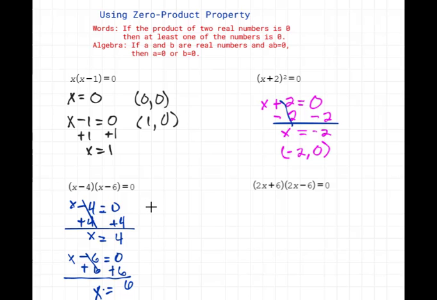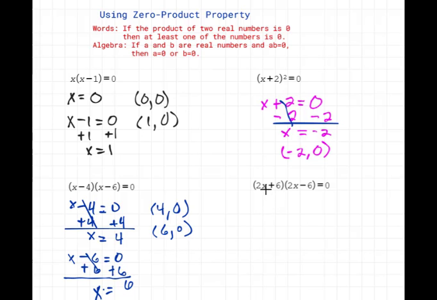So our points of intersection for this graph would be when x is 4, y is 0, and when x is 6, y is 0.